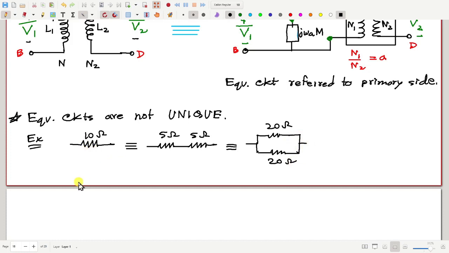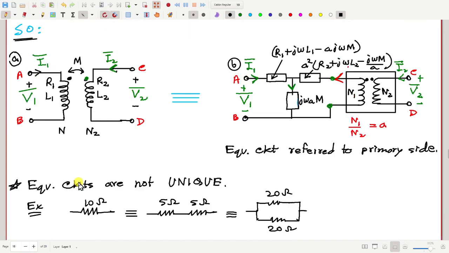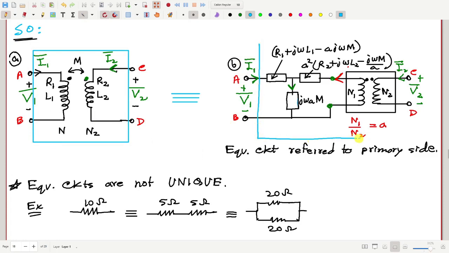So an equivalent circuit is not unique. It means one circuit which behaves identically to the original circuit as seen from the outside world. Here also, if you look at this circuit from outside, from terminals AB and CD, and in this case also from terminals AB and CD, they will behave identically.